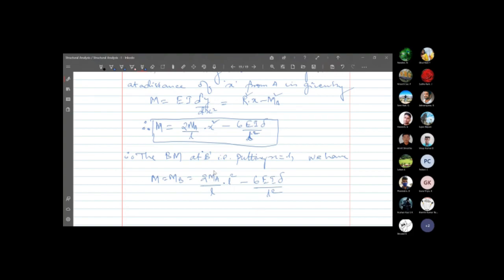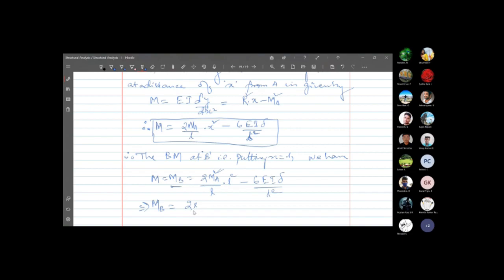Now again I will put the value of ma in the form of delta. So MB equals 2 into, what is the value of ma?